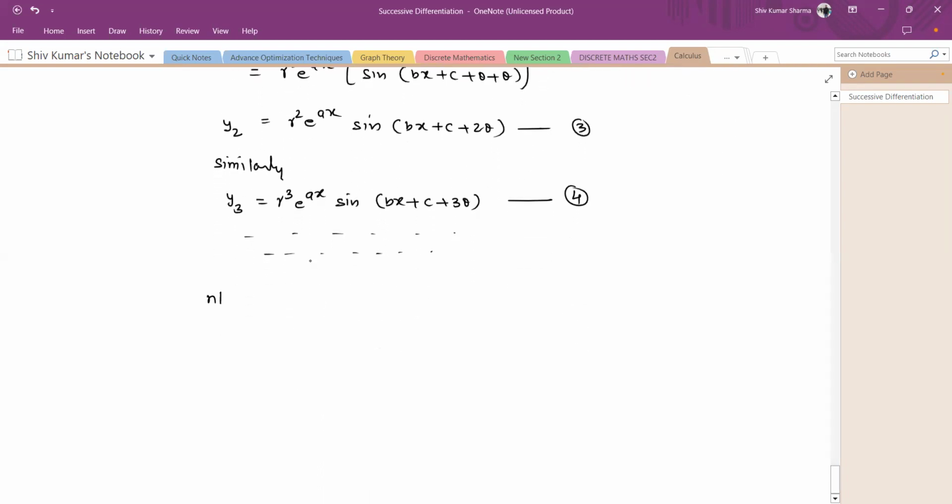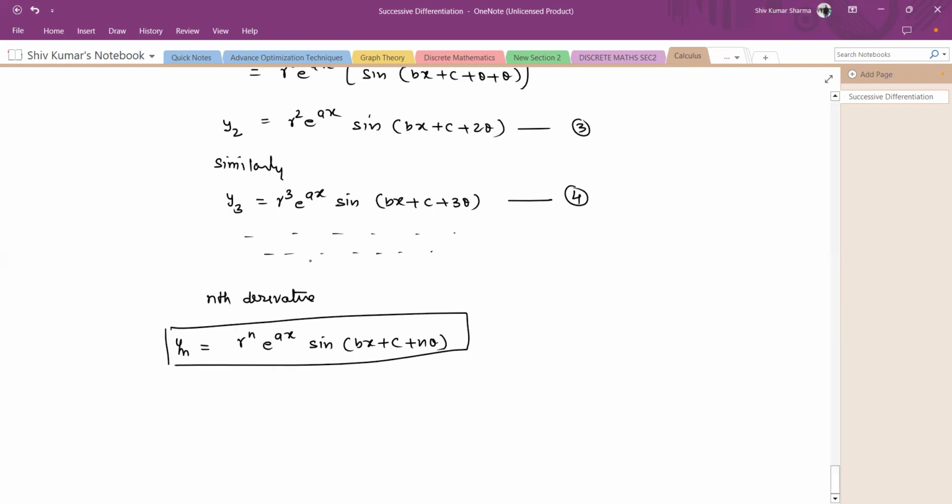So for the nth derivative, we write down yn. yn is equal to r raised to the power n, e raised to the power ax into sine bx plus c plus n theta. So this is our nth derivative.